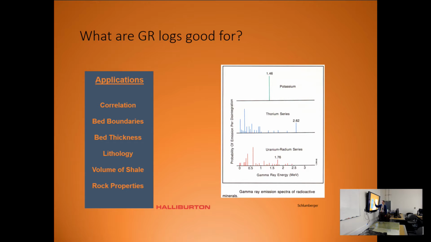But the basic application is correlation: where do you draw your bed boundary? How thick is the formation? Your gamma ray tool is going to tell you how thick something is. And overall, if you have a well log that's, say, 10,000 feet, and you have shale, sand, shale, sand, or shale and not shale, it's going to give you the volume of shale.